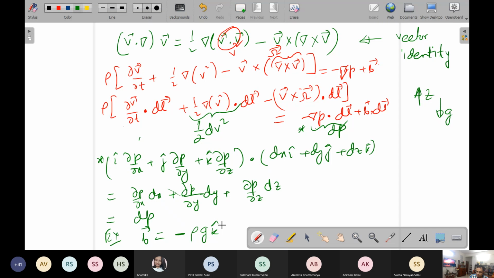Accordingly, this one will have only the dot product, the dz will be there. So that will be minus rho g dz. So let us reorganize all the terms and then write.